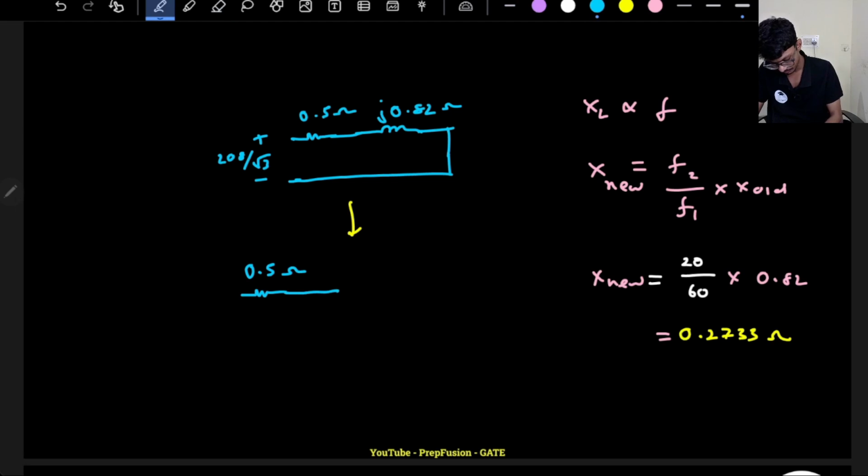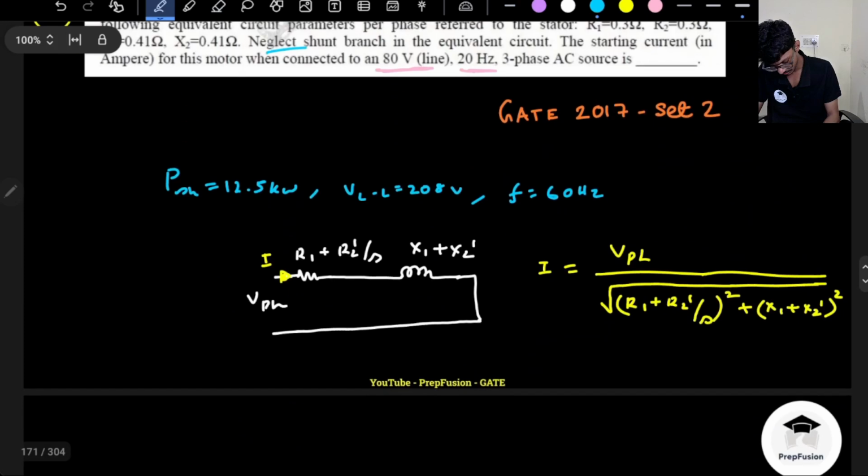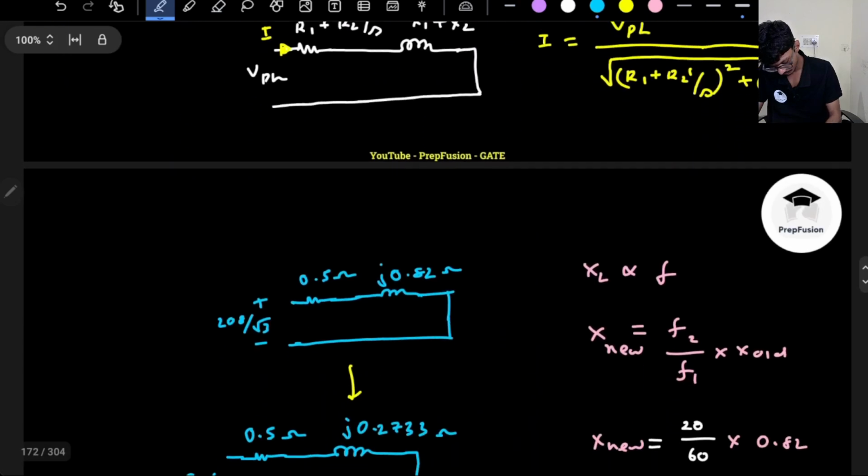This will become j0.2733 ohms. And this will be 80 divided by root 3.